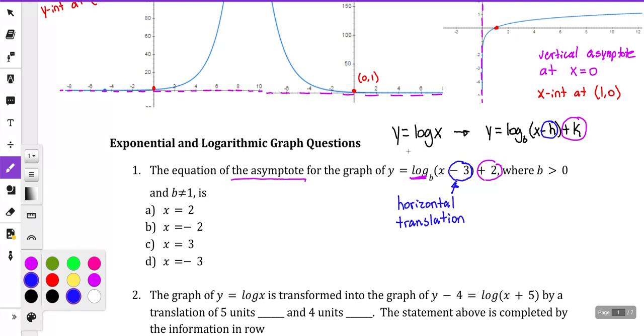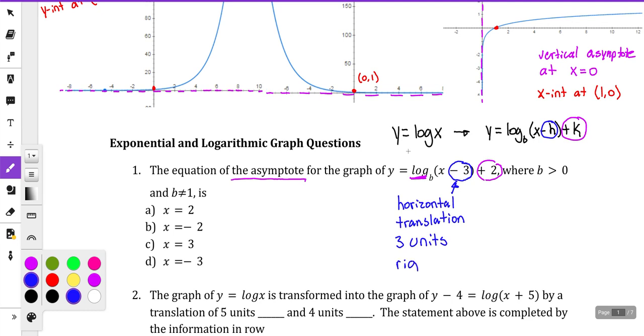Horizontal, left, right. Translation means movement. Okay, I think it's safe to say that that horizontal translation is 3 units. So it's moved 3. Which direction has it moved? Has it moved left? Has it moved right? Yeah. Right. It has moved right, correct. It moved 3 units to the right.